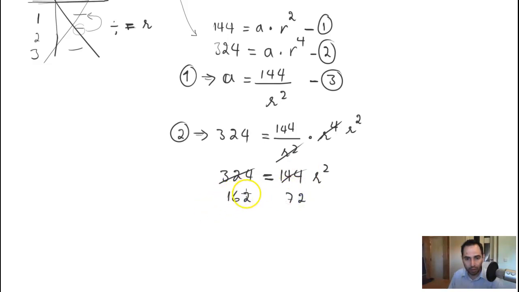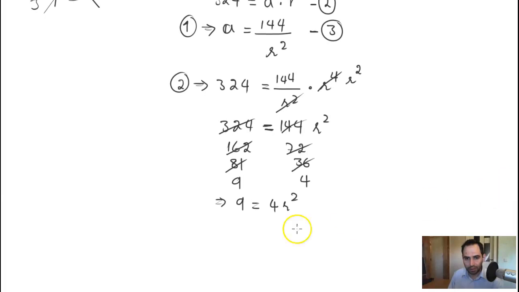Again, divided by 2, this gives me 81, and 72 divided by 2 gives me 36. And this divided by 9 gives me 9, and this divided by 9 gives me 4. So that means that 9 is equal to 4r squared.